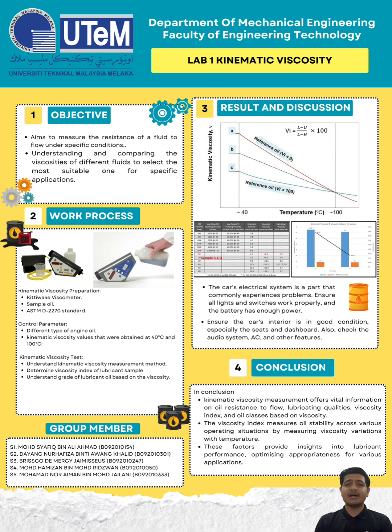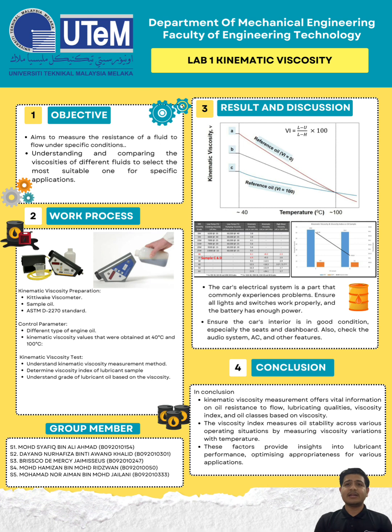Based on the data from the experiment on samples C and D, the average kinematic viscosity at 100 Celsius is 8.5 cSt, or centistokes, and 8.1 cSt, which are graded at SAE 20.